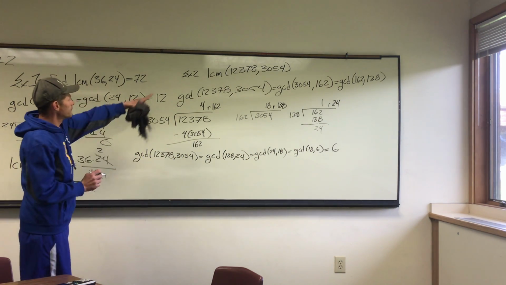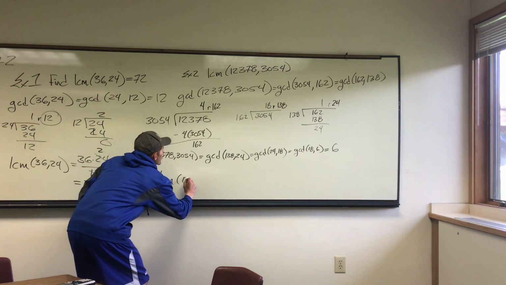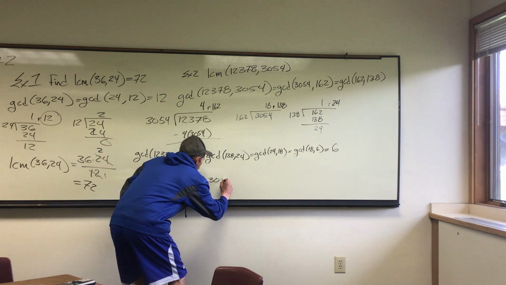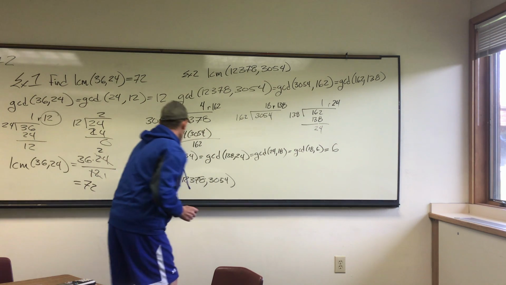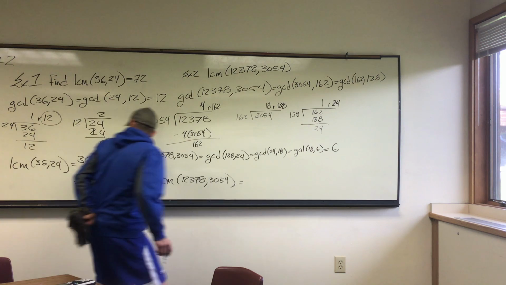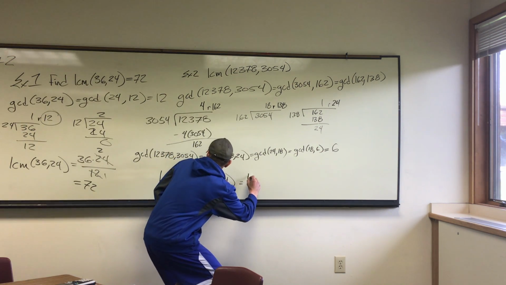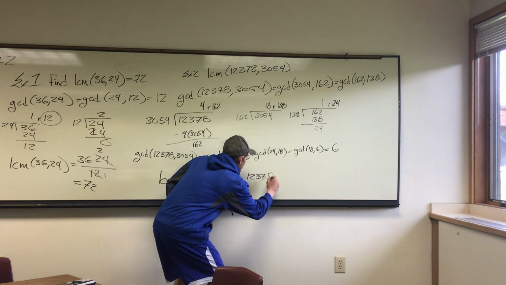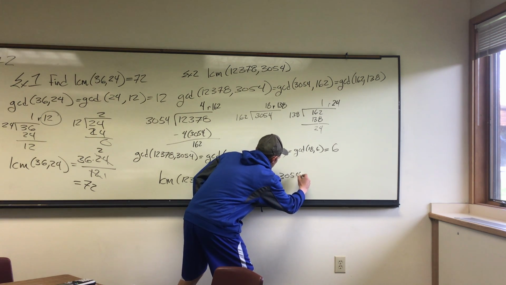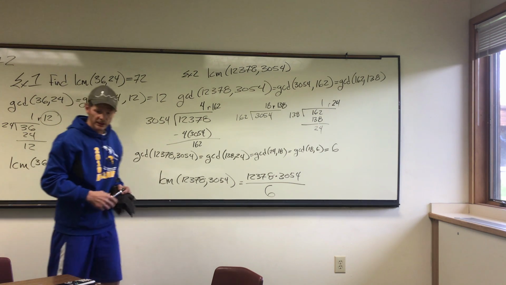The least common multiple is what we were after. We were after the least common multiple of 12,378 and 3,054. And I'll go back to the formula. We multiply the two numbers together that we're looking at. 12,378 times 3054 divided by the greatest common divisor of those two numbers, which is 6.